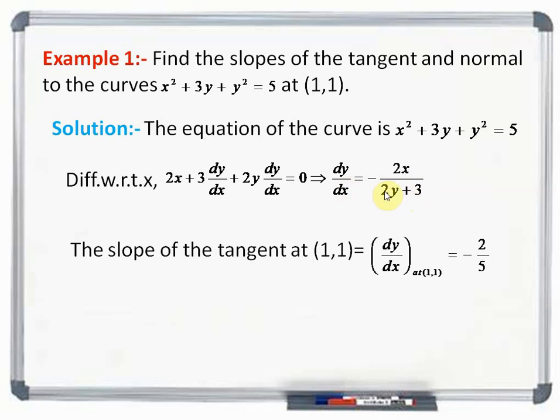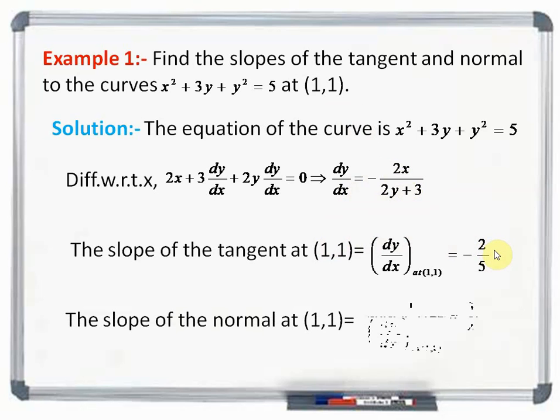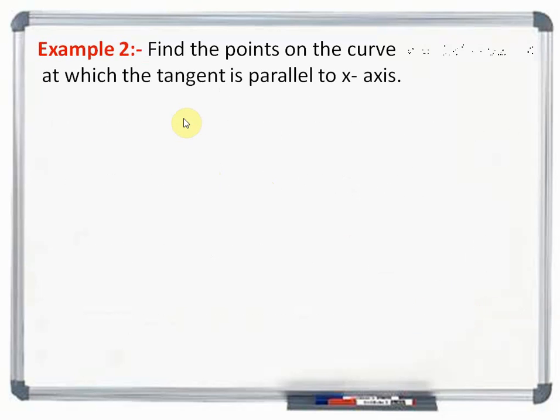This is the slope of the curve. For calculating the slope of the tangent we put the point (1, 1) in dy over dx. After putting 1, 1 in place of x and y we have minus 2 upon 5. This is the slope of the tangent. And now the slope of the normal is the negative reciprocal of the slope of the tangent, and it comes 5 upon 2.